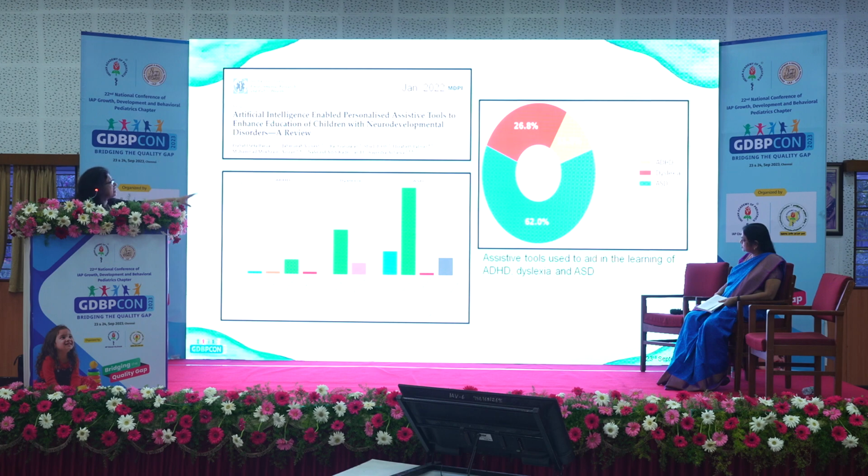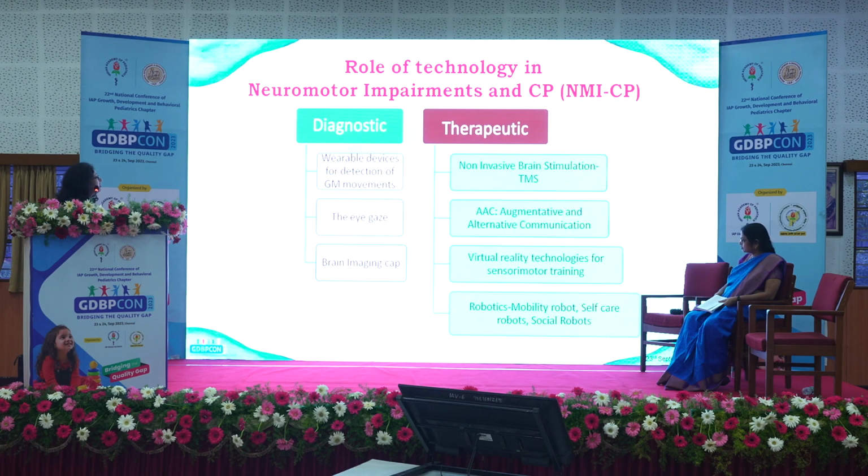And if you see the data, maximum work has been done for autism, and next for dyslexia, and then in ADHD, if you see global literature. In CP, they have started having wearable devices for monitoring general movements, and eye gaze for these children, brain imaging caps. Then for therapeutics, they're trying to do non-invasive stimulation, transcranial magnetic stimulation, augmentative alternative communication devices, virtual reality and robotics.